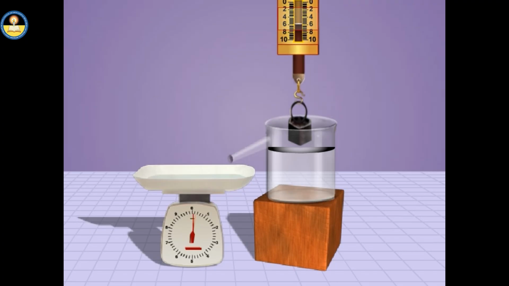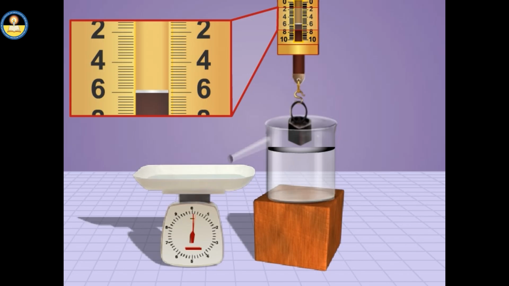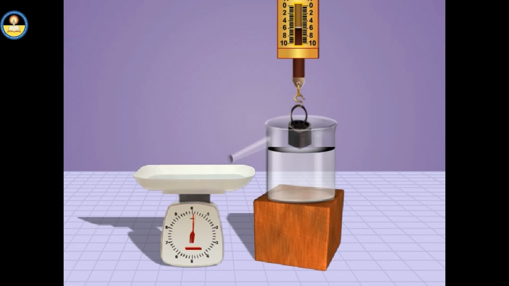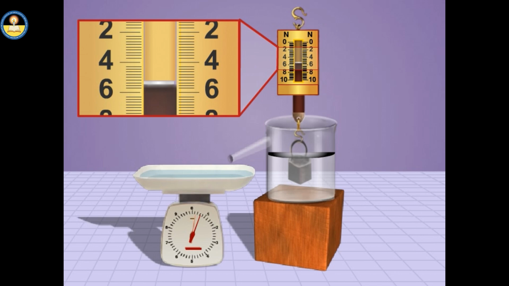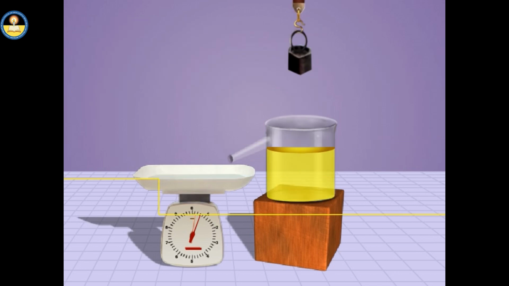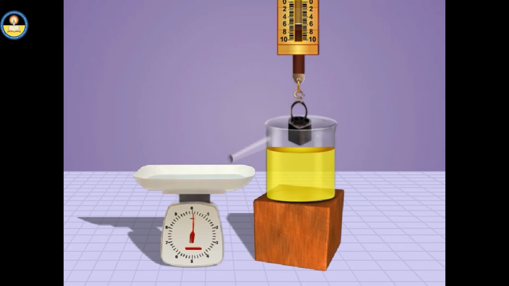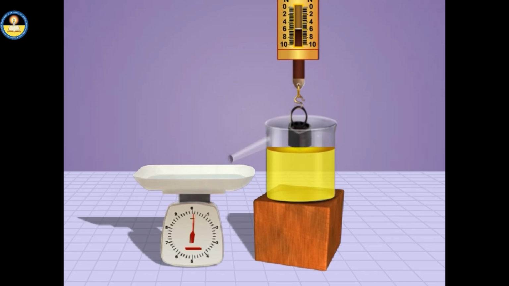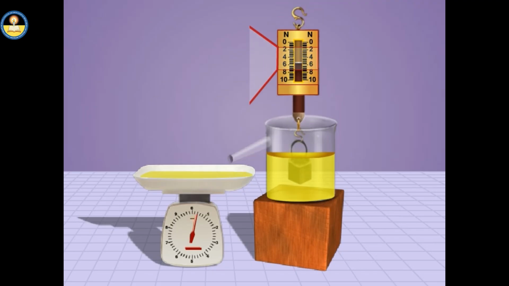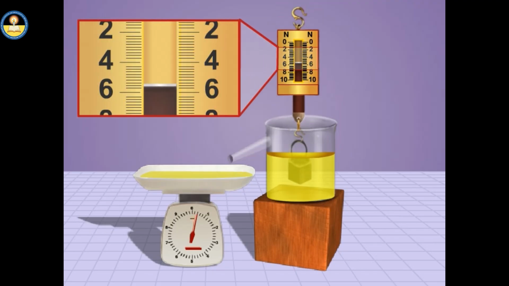When an object attached with a spring balance is suspended in water, it experiences a decrease in weight, which is equal to the weight of the displaced water. Similarly, when the object is suspended in liquid, it experiences a decrease in weight which is equal to the weight of the displaced liquid.